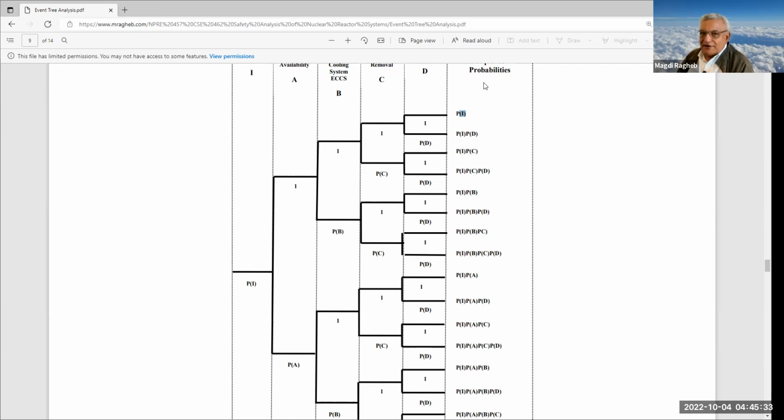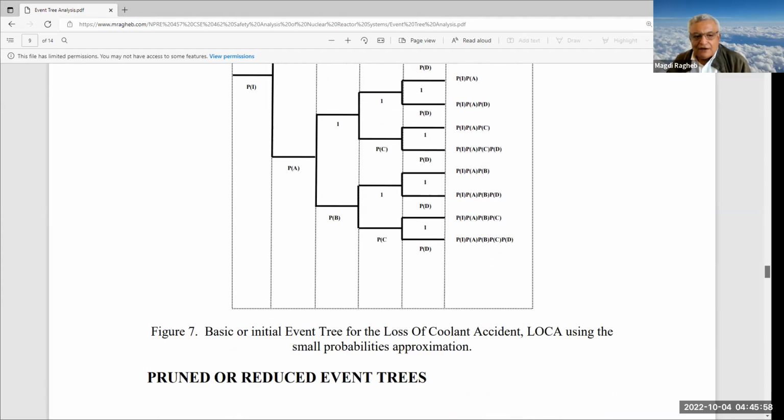If you add more, like 10 components, you'll find that you get what we call a combinatorial explosion in that case. So in the same way as in decision trees, we need to prune the tree. And how do you prune the tree? You eliminate any branches that are not logical to occur in that case. And this is part of the technique itself of event tree analysis.